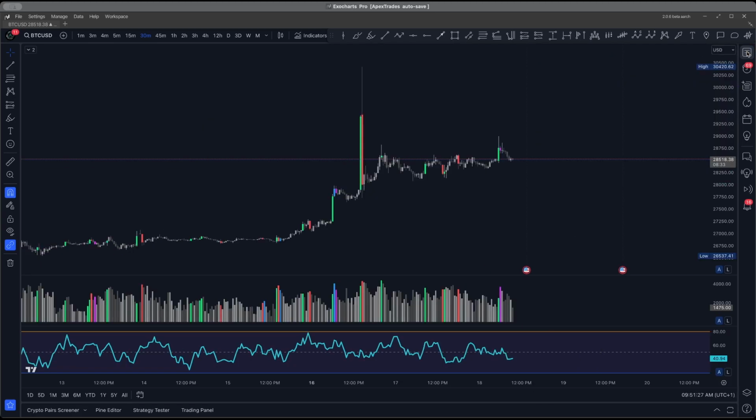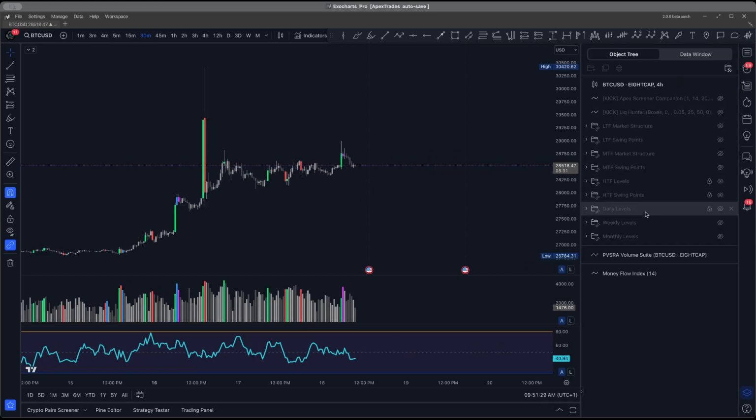What I tend to have on my charts is lower term time frame market structure and swing points, medium term time frame market structure and swing points, and then higher term time frame market structure or levels, and higher term time frame swing points.